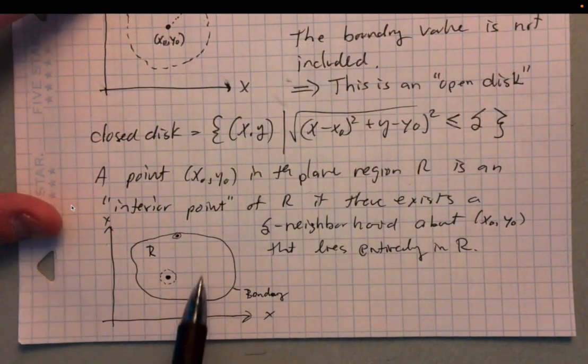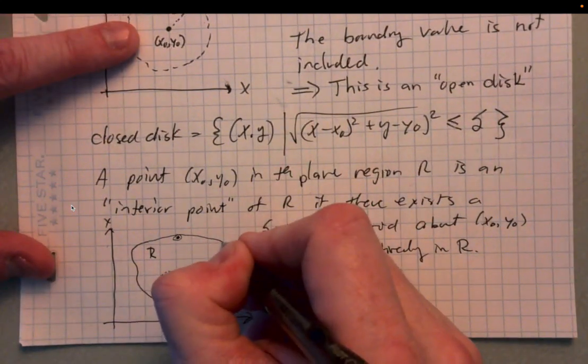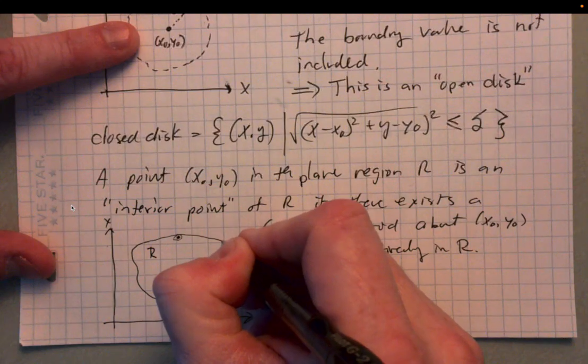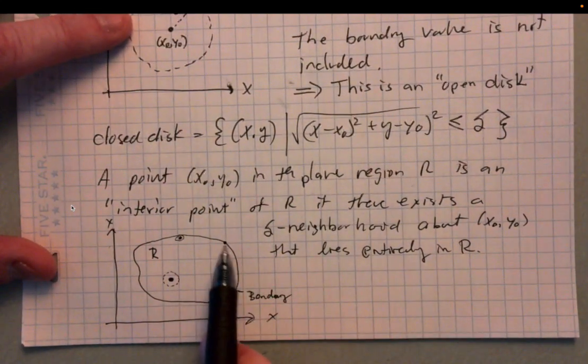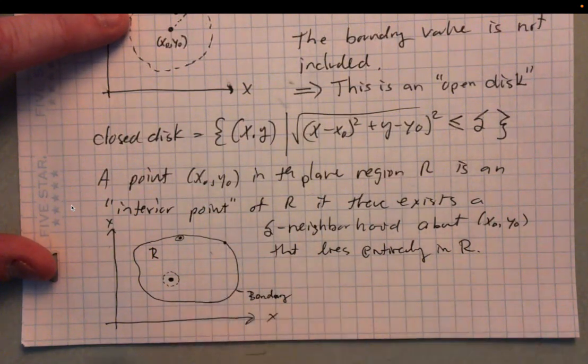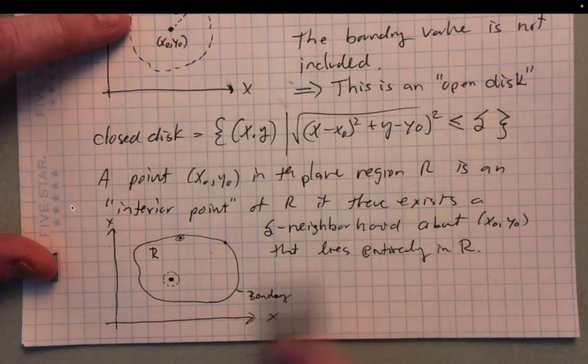There are points, however, that would not be interior points. If I were to put a point precisely on the boundary, right, then it is no longer possible for me to define a delta neighborhood such that every point in the neighborhood is within R, right?